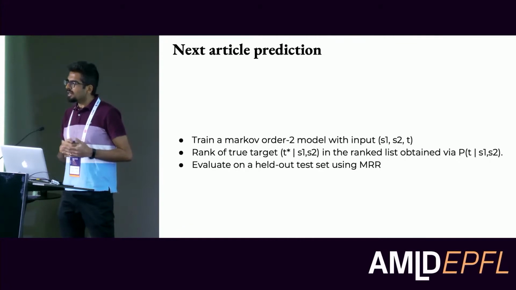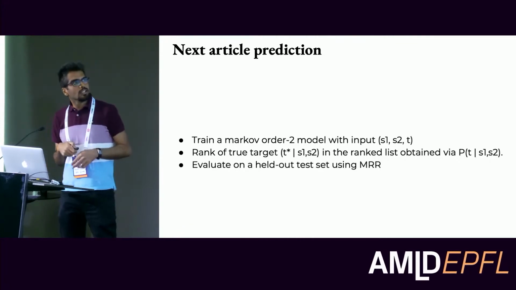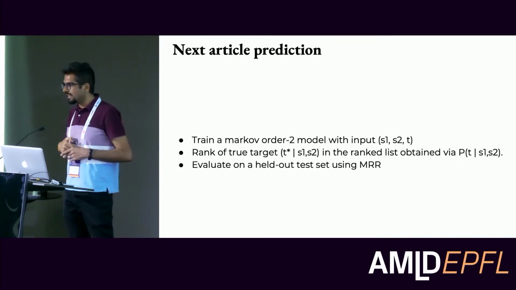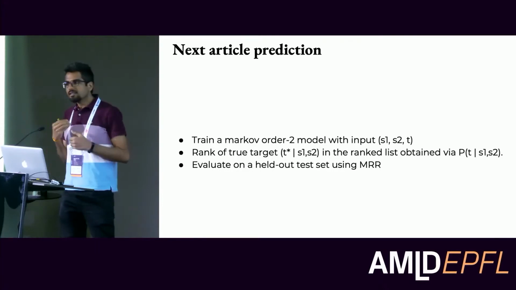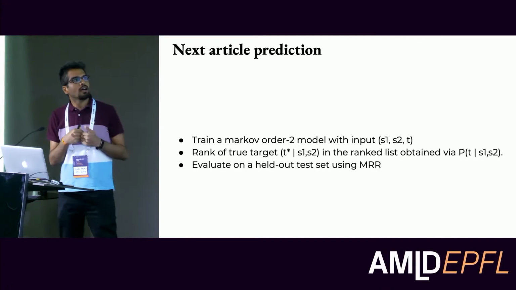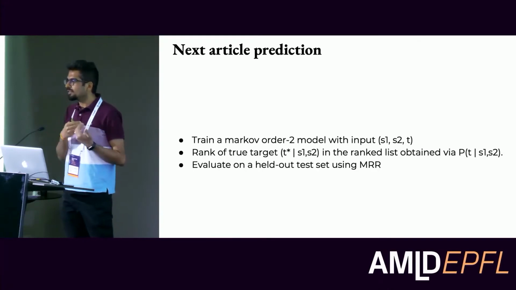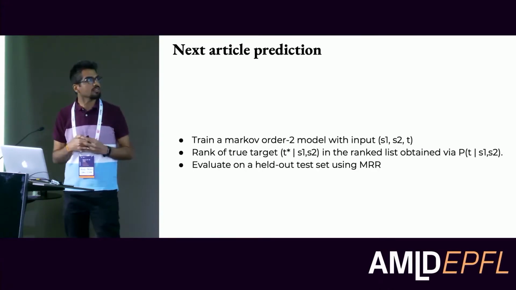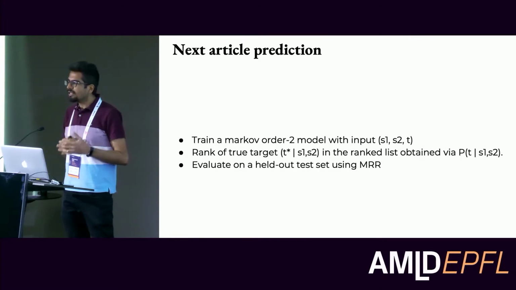So we train a Markov order 2 model with inputs S1, S2, and T, and we then try to assess the rank of the true target in the rank list obtained via the inferred probability distributions. And we evaluate on a held out test set using mean reciprocal rank.